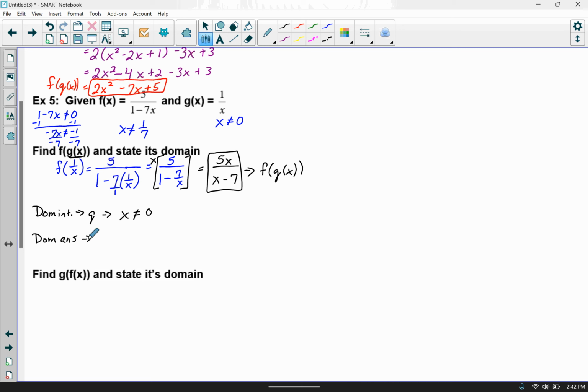Okay, so that's the answer that we just got. Do you have a letter in the denominator? Yes, you do. So that denominator then cannot equal 0. Solve for x, so we'll pull that 7 over. So x cannot equal 7.